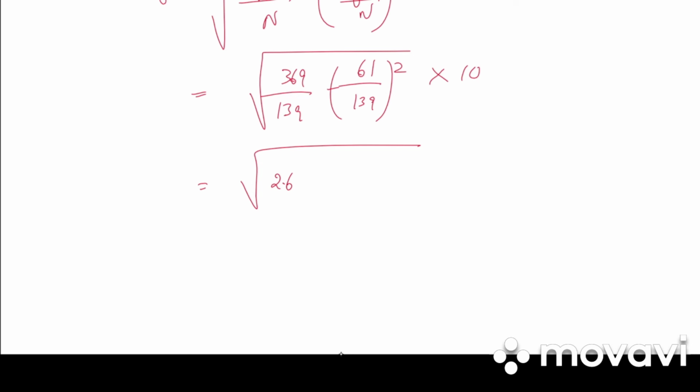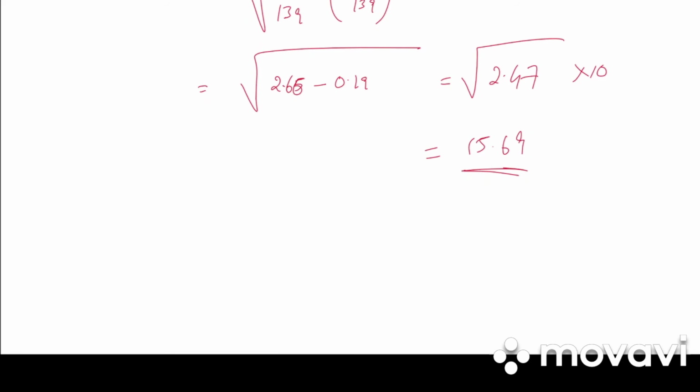So it is 2.65 or 2.66 minus 0.19. So square root of 2.46, so square root of 2.47 into 10, we get 15.69. Clear? Therefore standard deviation is equal to 15.69.